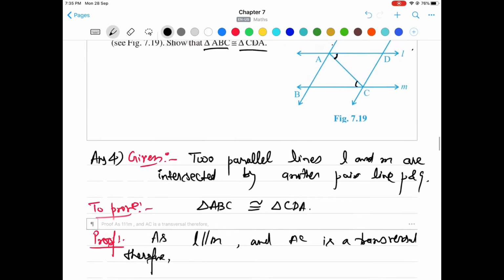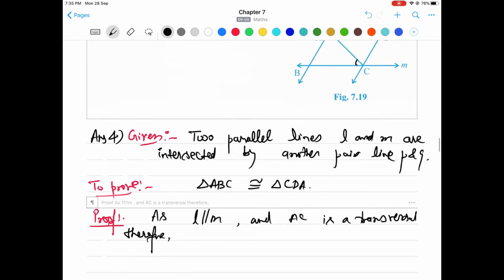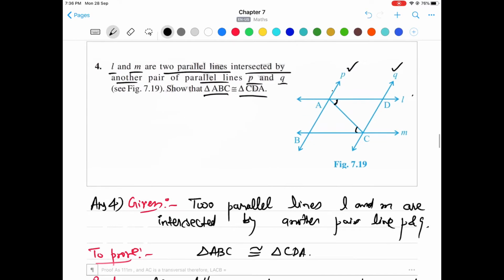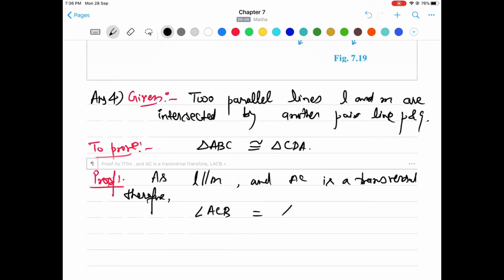Therefore angle ACB will be equal to angle CAD.